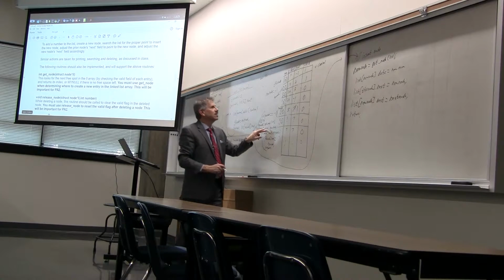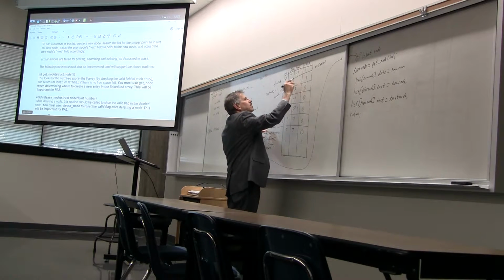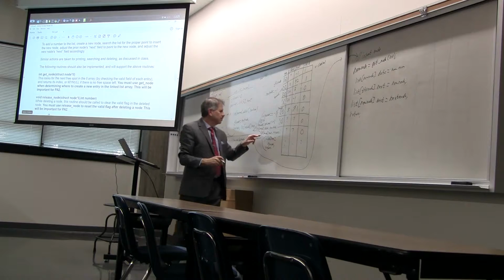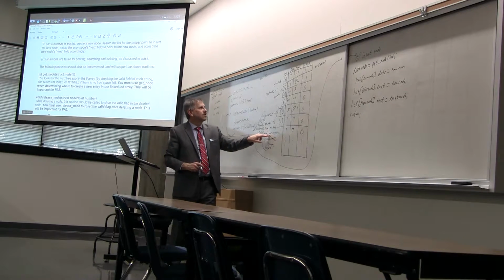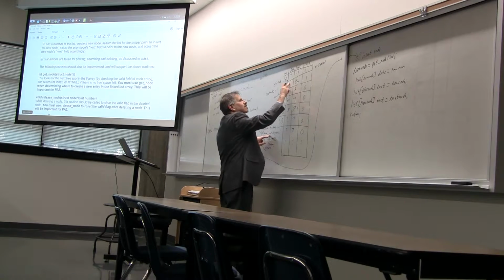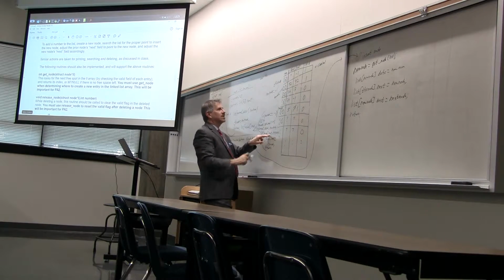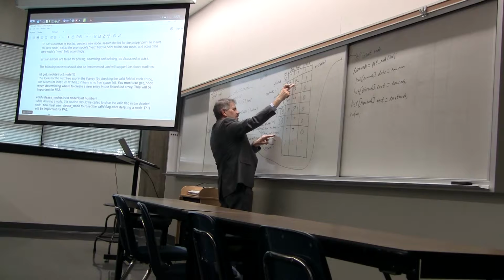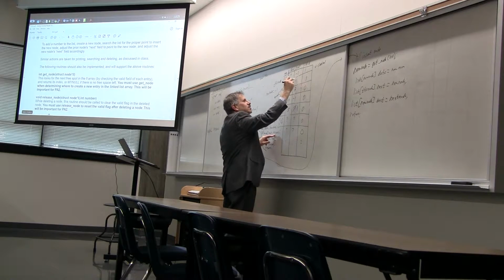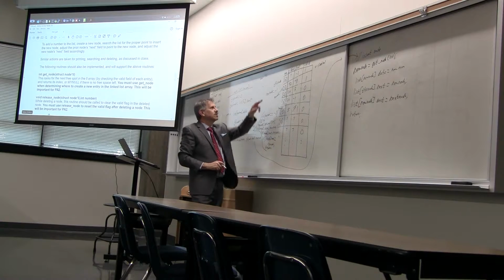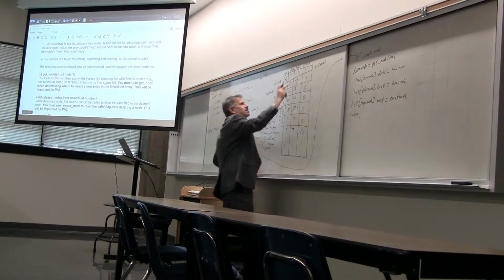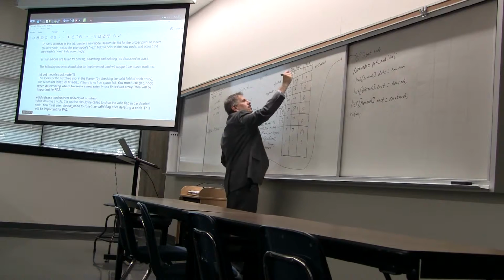List new node dot data equals new number, so there's our 42. New node dot next, which is over here, should be myNull, so that becomes a -1. And list this node dot next should equal new node. This node is 0, so that thing's next should equal new node, which is 1.